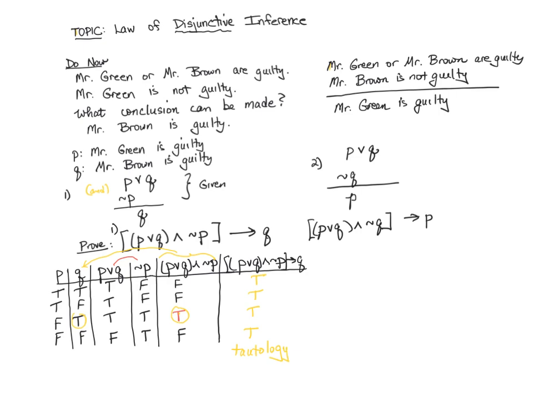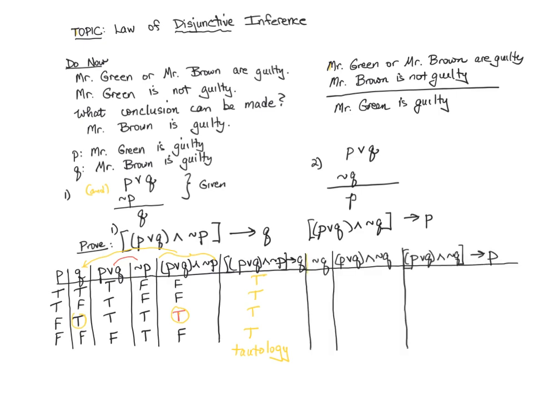Now, for the second part, let's build the truth table. Now we have the second part of the truth table, and the truth values for not Q would be false, true, false, true. And when we combine with P or Q and not Q, again, this will be false, true, true, false, true, false, and false.